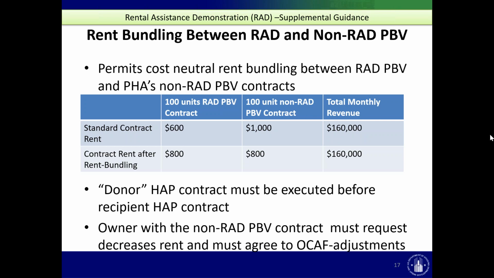You can bundle those rents such that they both have rents of $800, which might, in this theoretical case, work still for both properties, if the non-RAD PBV contract could absorb that hit, and the RAD PBV contract is benefiting substantially from that, and is able to undertake whatever project repairs, redevelopment that is needed.